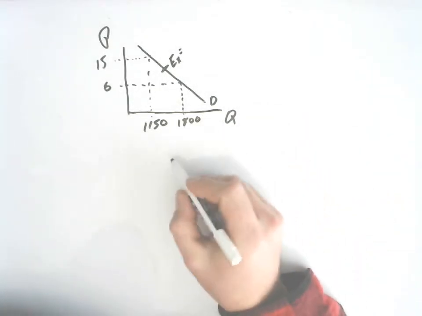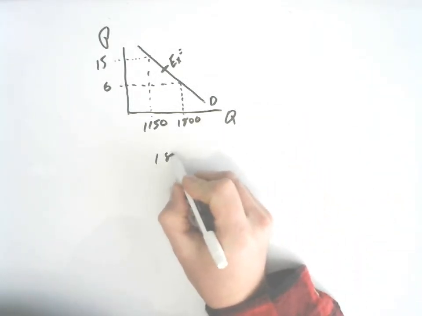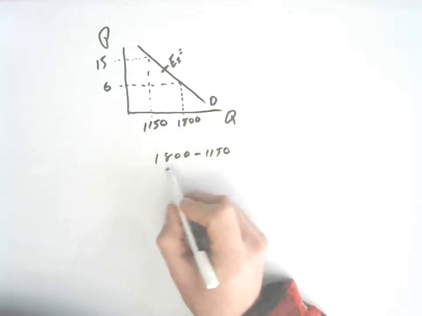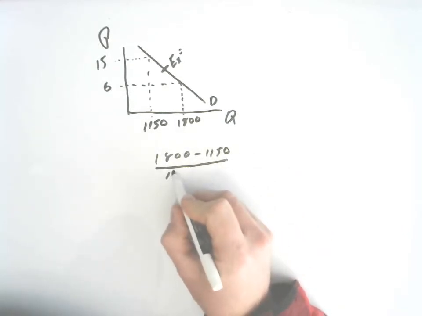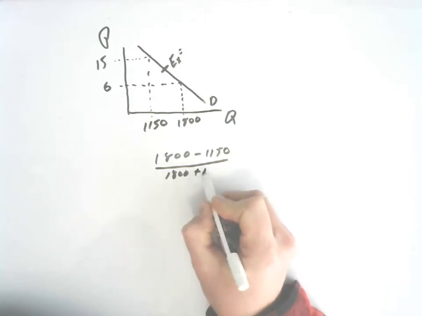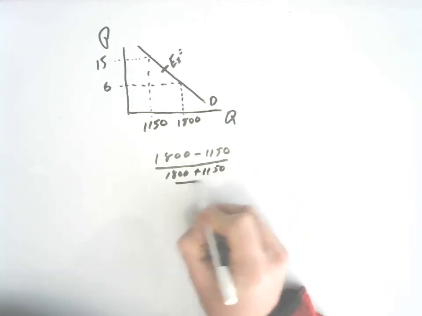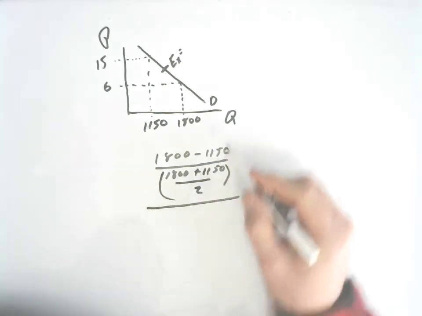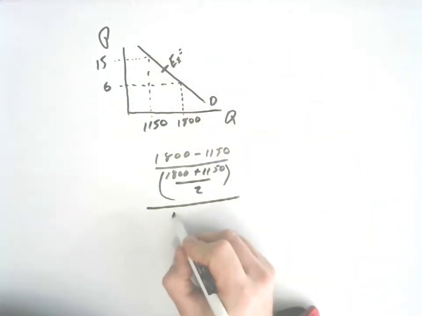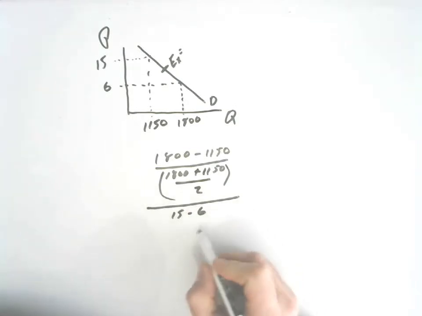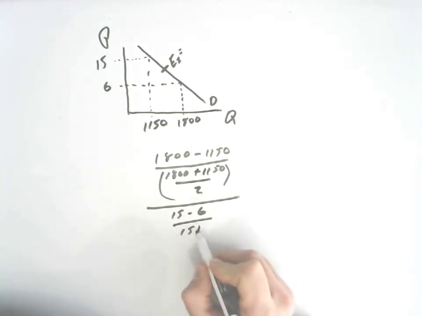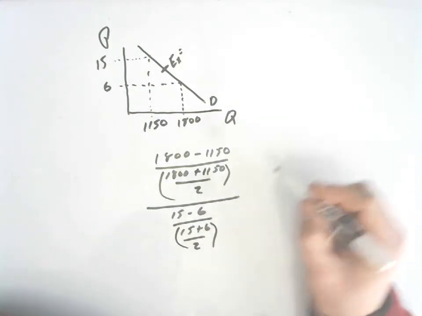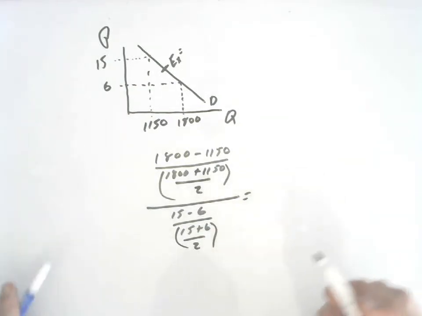Using the midpoint formula, we've got 1,800 minus 1,150 divided by 1,800 plus 1,150 divided by 2, and all that would be over the change in price, which would be 15 minus 6 divided by 15 plus 6 divided by 2. So what do I have here?